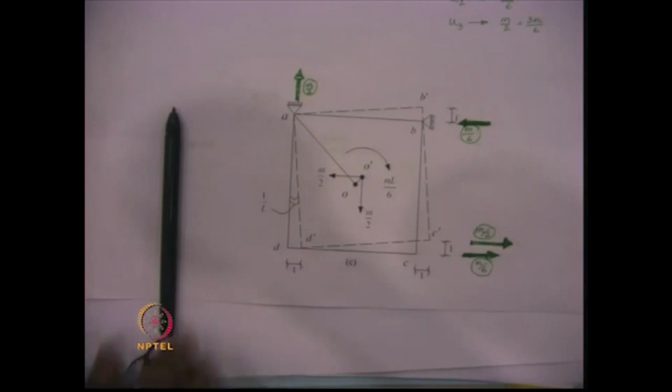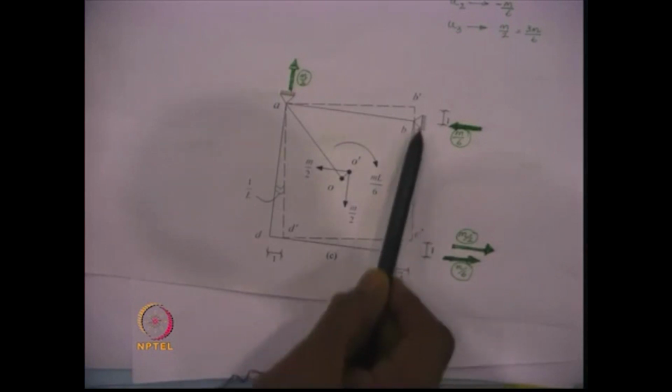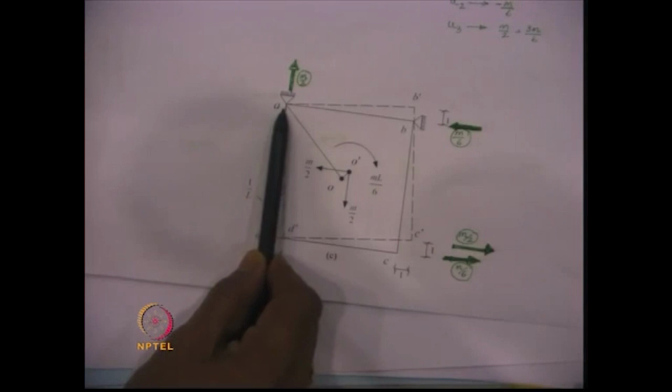Now, if we look at this figure, the degree of freedom over here is the first degree of freedom, here we have the second degree of freedom, here we have the third degree of freedom.